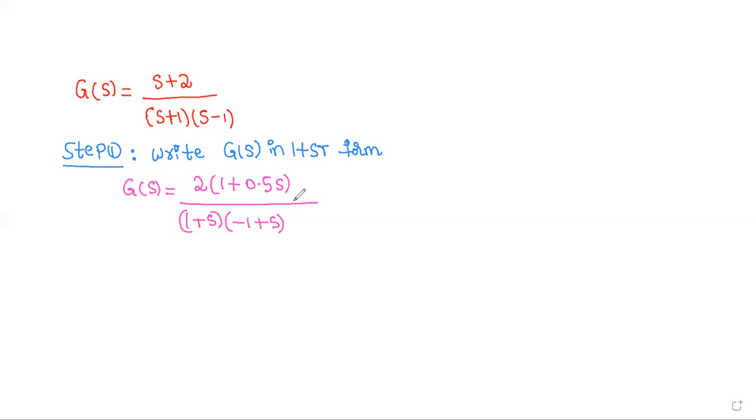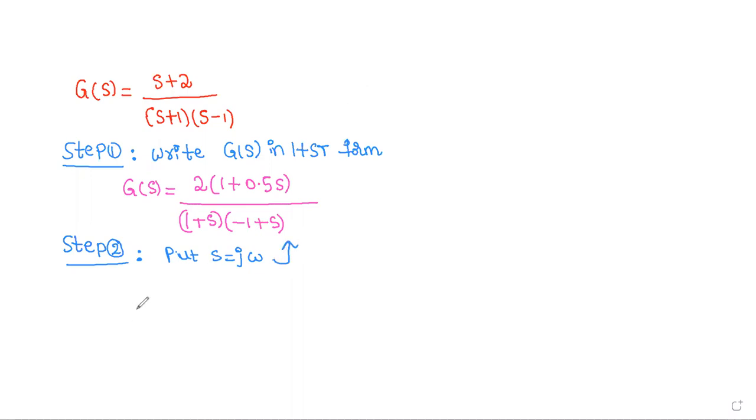Okay, now the second step. Step 2: we have to substitute s equal to j omega. So put s equal to j omega in G(s) in the above equation.